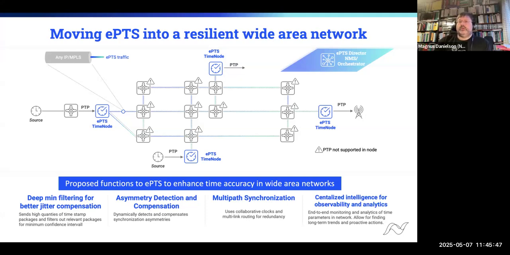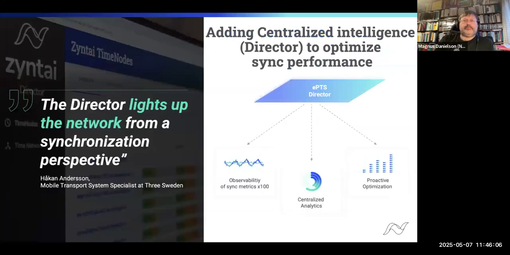And then what we also do, that we think is important, is we bring the data up to a centralized system to see what's happening there and get an overview. Locally, you don't really get the full overview of what's happening in the network.